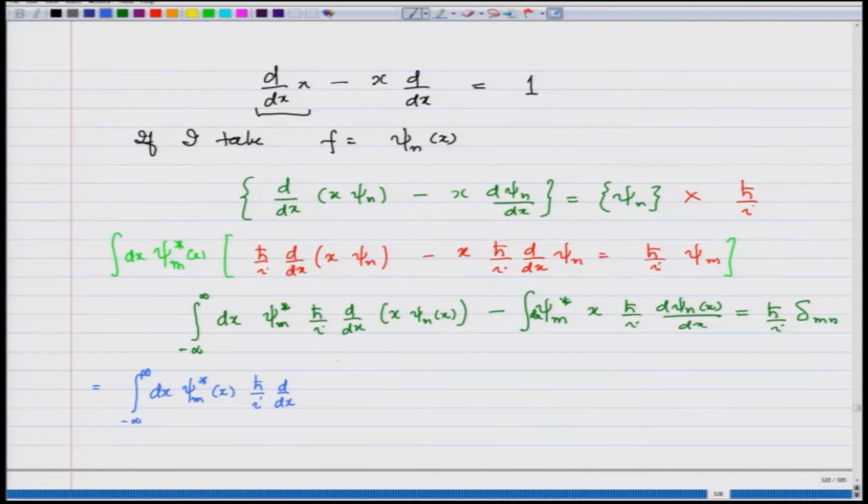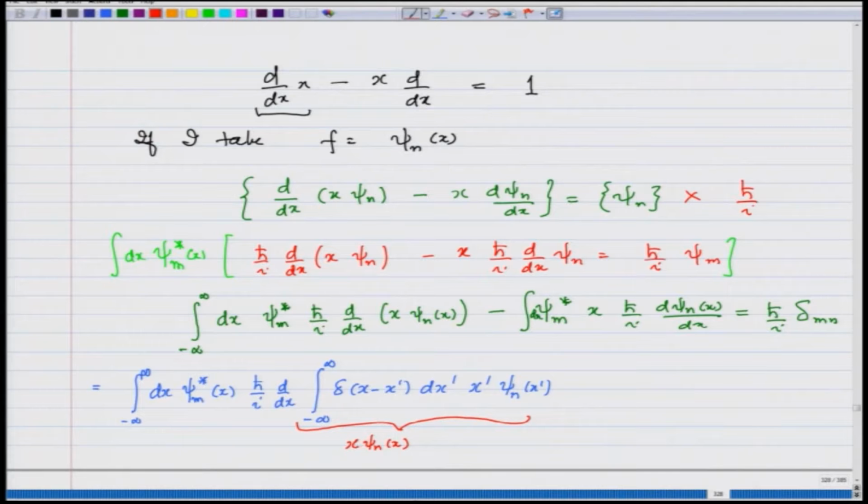I am going to write the inner portion as the integral from minus infinity to infinity of delta x minus x prime dx prime x prime psi n x prime, because of the delta function, is nothing but x psi n x.